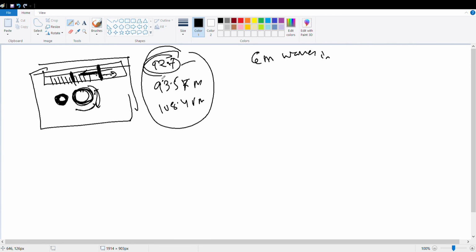That means 92.7 is, let's say, Radio Mirchi. Radio Mirchi owns this 92.7. TRAI has allocated this frequency exclusively for Radio Mirchi. You cannot go and say, oh, I will use this one. No, this is called bandwidth. Radio Mirchi has purchased the bandwidth from TRAI, Telecom Regulatory Authority of India.